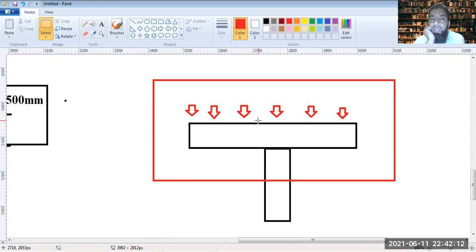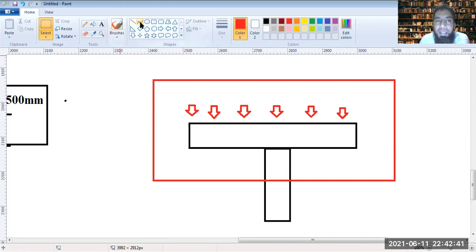So two things are not happening: the collapse is not happening in the soil, and the soil is not giving in. Then the reaction offered by the soil is absolute and uniform onto this. So it can be treated as a UDL load acting onto this system, with a support in the center, and that support is actually taking the UDL load.